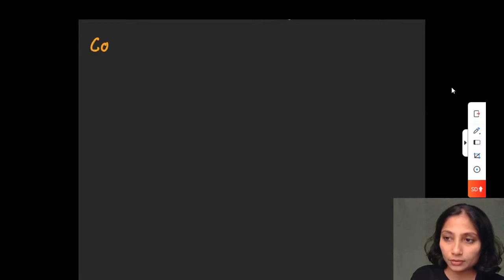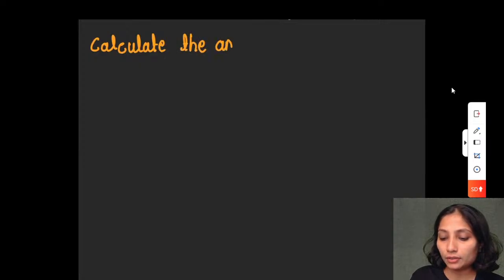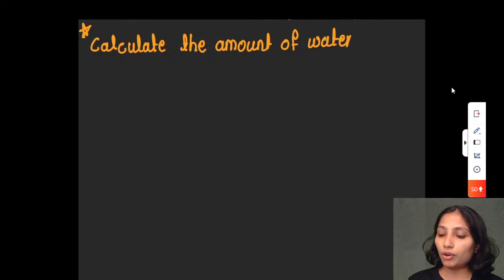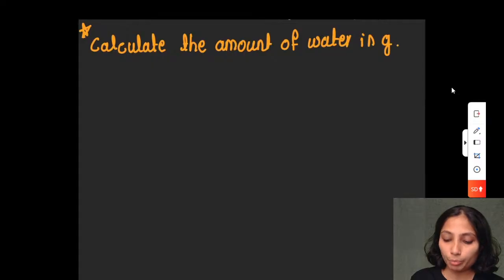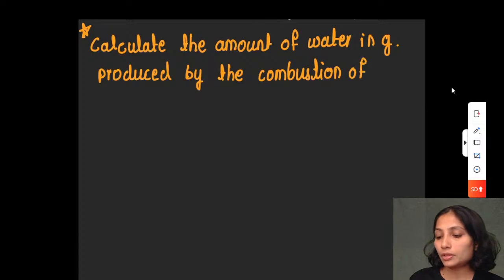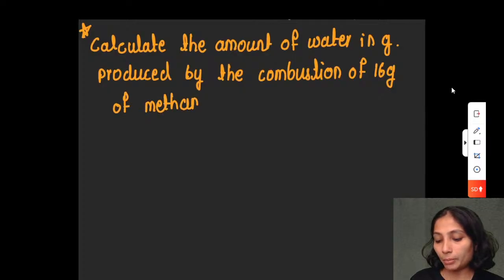Calculate the amount of water in grams produced by the combustion of 16 gram of methane. This is the given question.